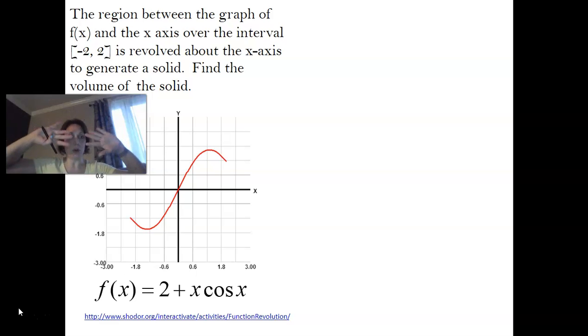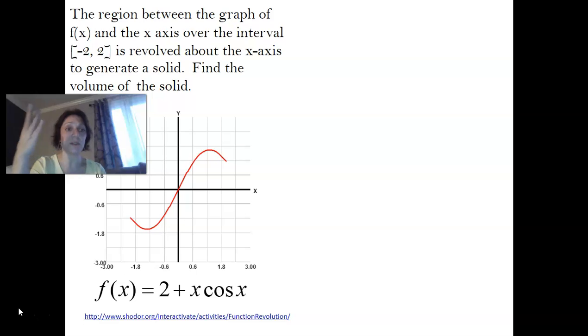And it will actually show you the revolution and create the solid, and you can click it and turn it so you can see it from different angles. So if you're having trouble picturing them, this is one I have used, and it's the one I used to get the pictures I'm going to show you here in a minute, but there's lots of them.